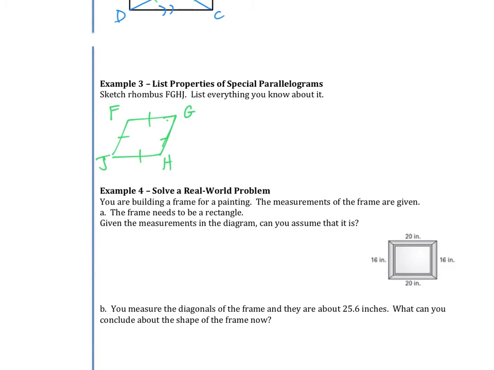So what we know is it's a parallelogram. By definition, a parallelogram has opposite sides congruent, so this is a parallelogram. So what that means is the opposite sides are congruent. The opposite angles are congruent.